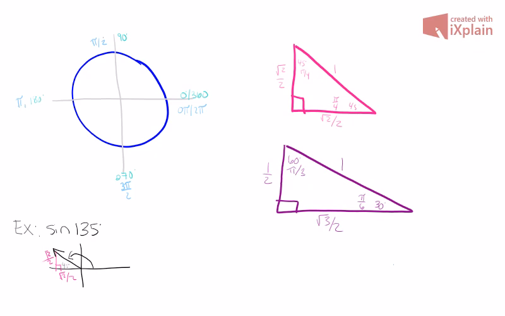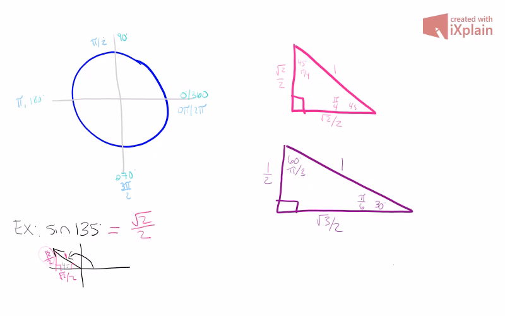And I know that on my unit circle, my hypotenuse is always 1. So my sine of 135 is the same as my value here for 45 degrees, since it's the reference angle of 45 degrees. So I know that my sine of 135 is going to equal root 2 over 2.